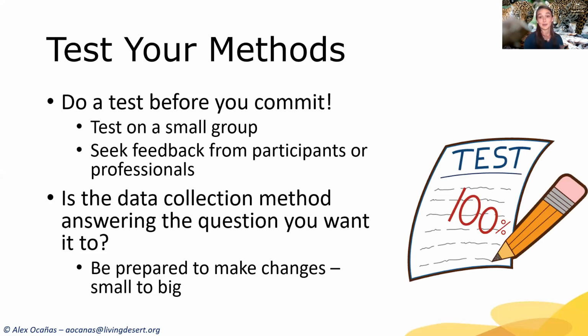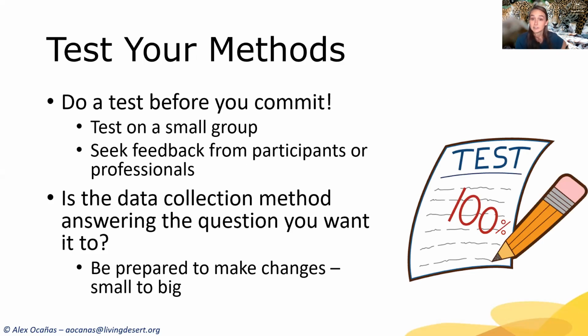Finally, once you've completed those steps of selecting your research method, this step is often overlooked, but it's super important. You want to test your method before you commit to it, before you bring it out into the field and realize that it's not working as you wanted it to.